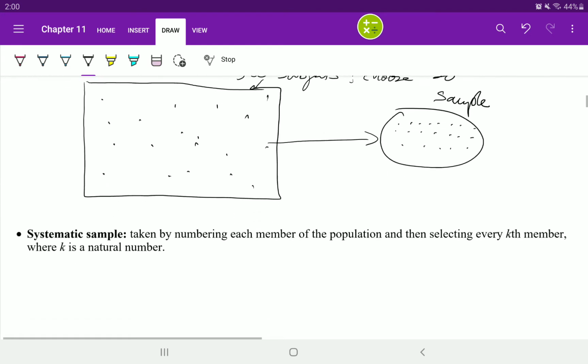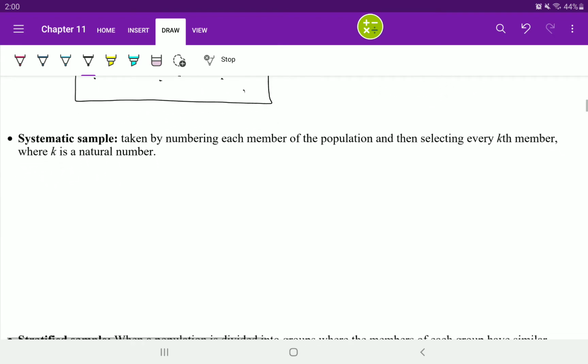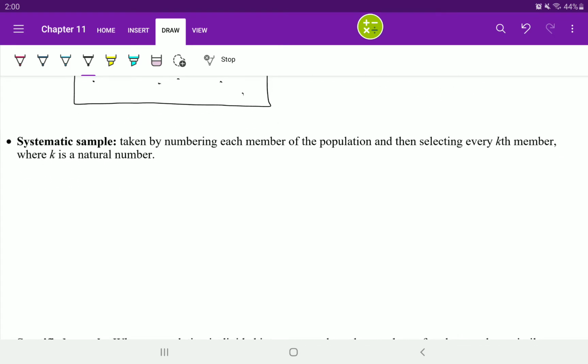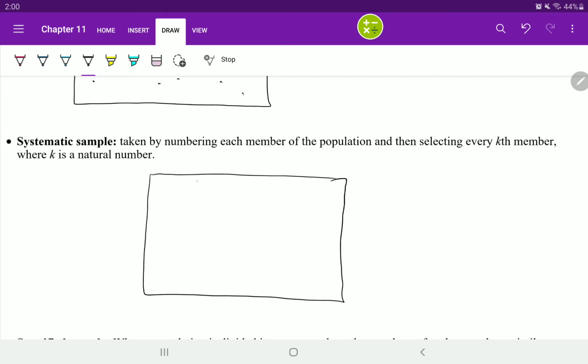Now, when it comes to systematic sampling, it says taken by numbering each member of the population, and then selecting every kth member, where k is a natural number. So let's draw my population. I'm going to keep it small, short and sweet in this case.